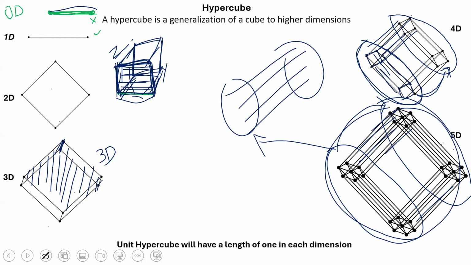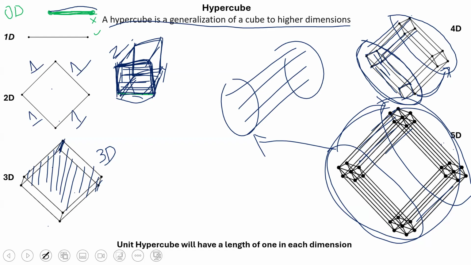Understood? How does a hypercube look like? A hypercube is a generalization of a cube in higher dimensions. A hypercube is nothing but a cube in higher dimensions. So a unit hypercube will have a length of 1 in each dimension. What does that mean? Length of 1 in each dimension means each side will have length 1. So each side of the cube will have length 1.